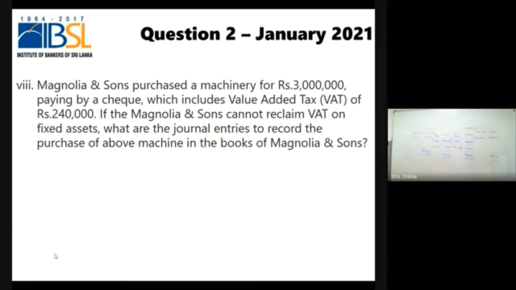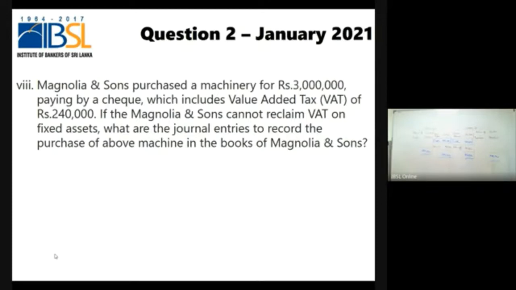That is normal. If you go to a hotel or restaurant anywhere, when you dine in, on top of whatever cost of food you have taken, you will have to pay VAT at 8%. Then you will also have the service charge. That is separate. But we don't consider the VAT.